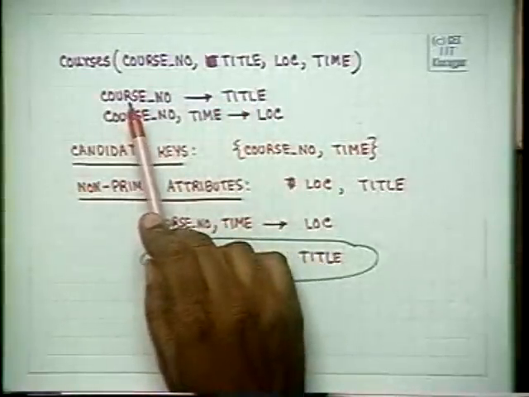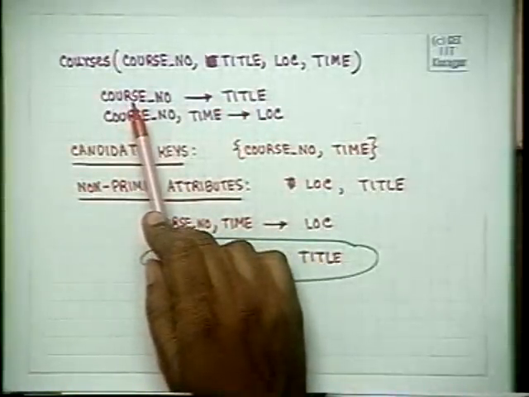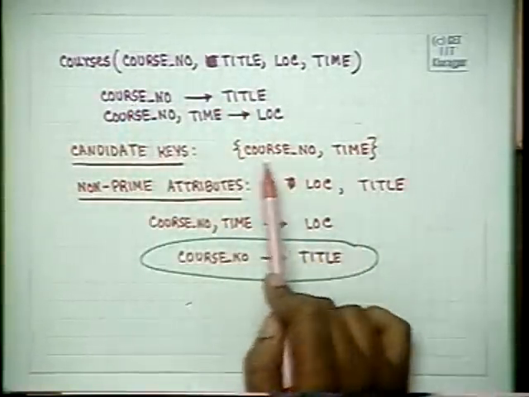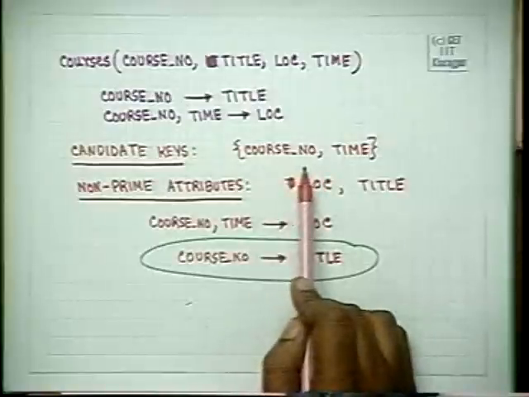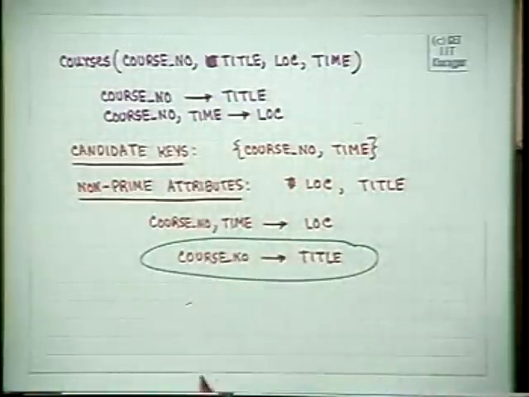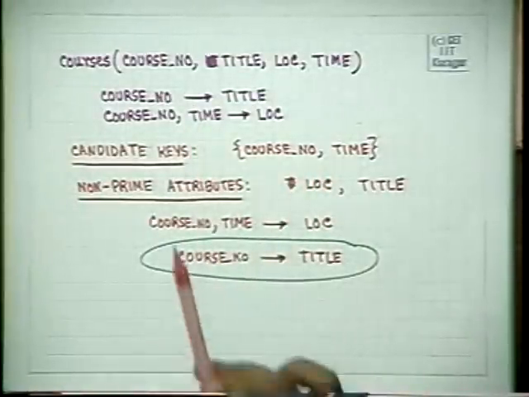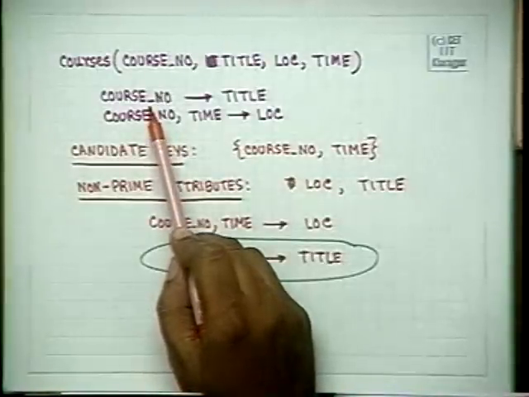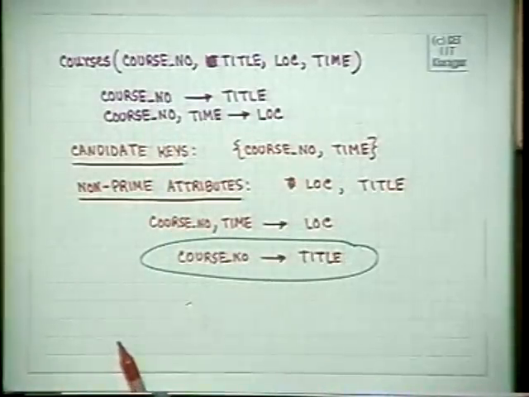Let us take the second example. If alpha to beta holds, then alpha must be a superkey. Is alpha a superkey here? No, because course number alone is not a candidate key. Therefore, this is not in BCNF. BCNF will immediately catch you if there is some redundancy or the other.